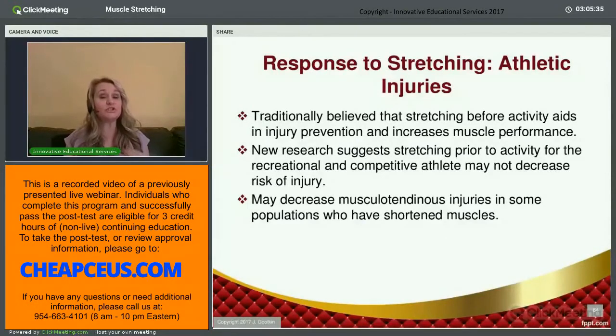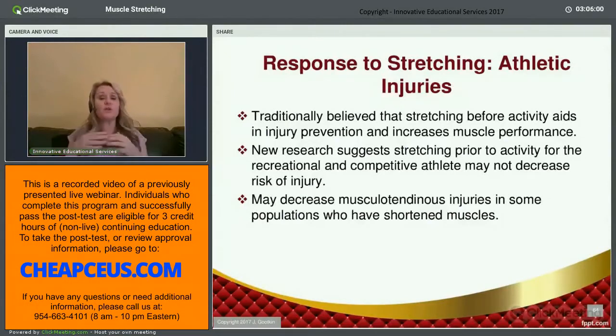The research is showing that because stretching can decrease the ability to develop power, that it may influence muscle fatigue, that it might actually shut down that muscle firing for a very short period of time after stretching, it could place the patient at a greater risk of injury from that stretching beforehand, particularly if it's a static type of stretch.